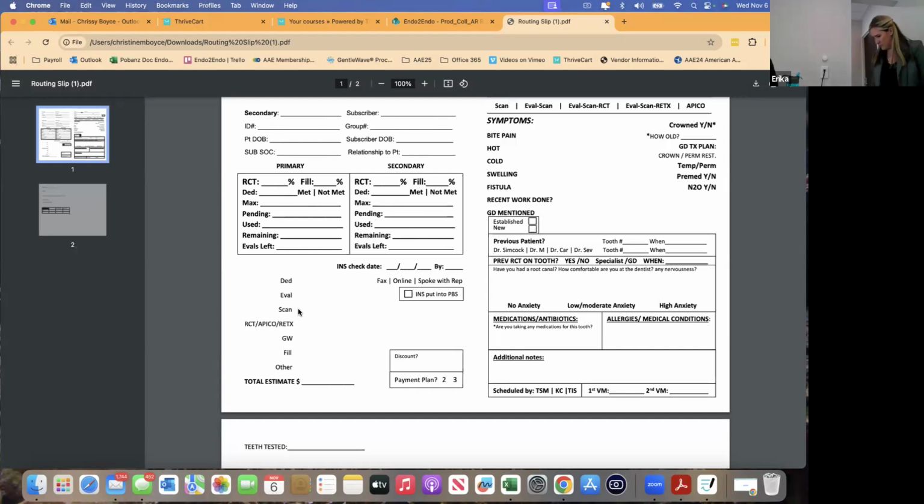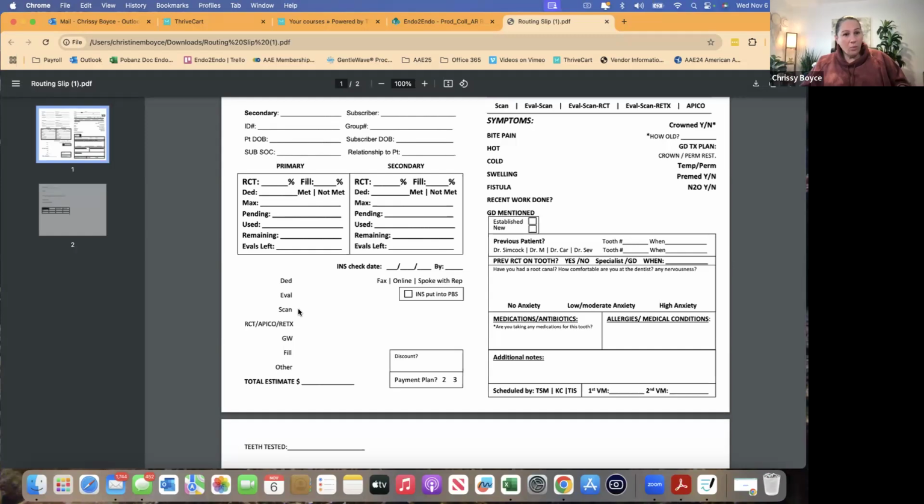Okay, so I've added up the 2 PAs, the pulp vitality, because I'm guessing he's testing that in the evaluation, and the consultation, and I have 208. That's the cost of those.